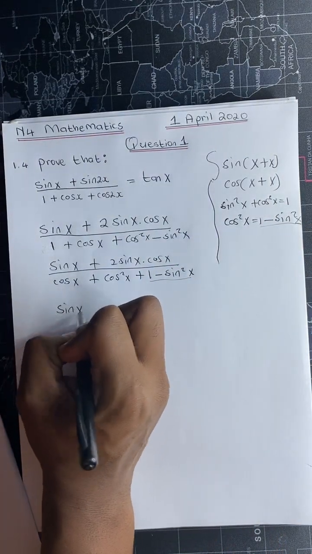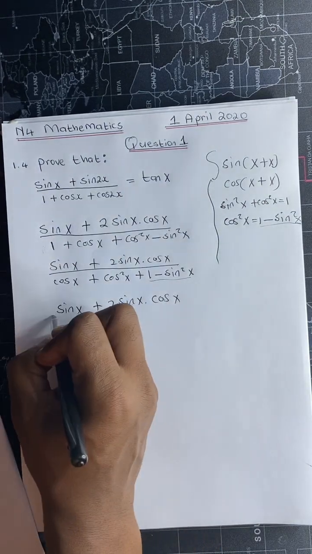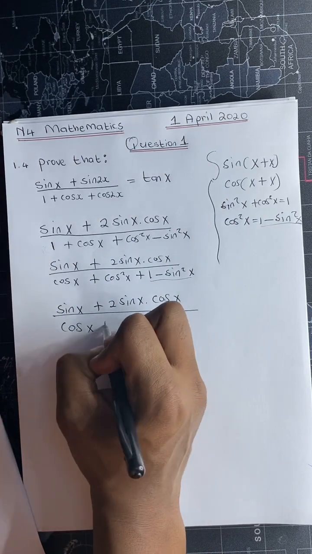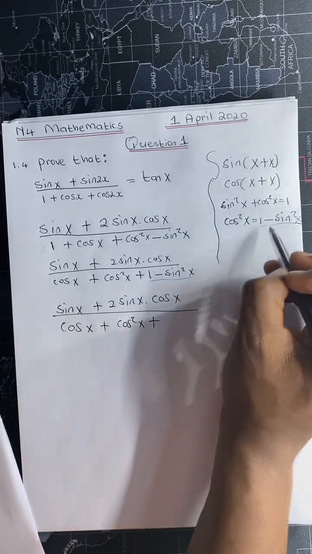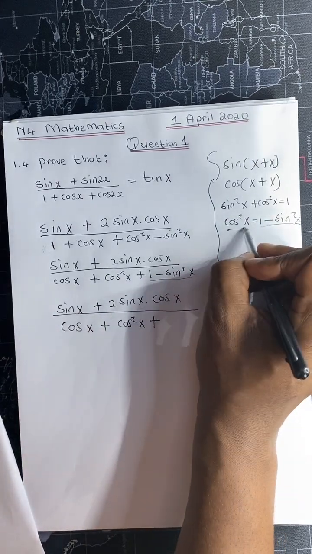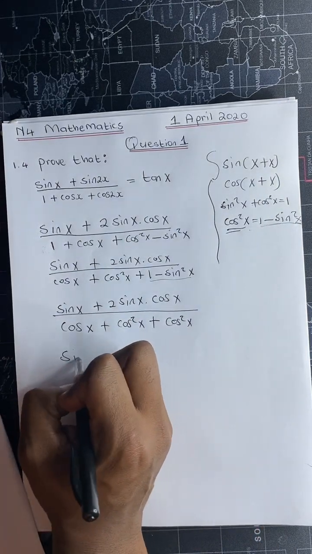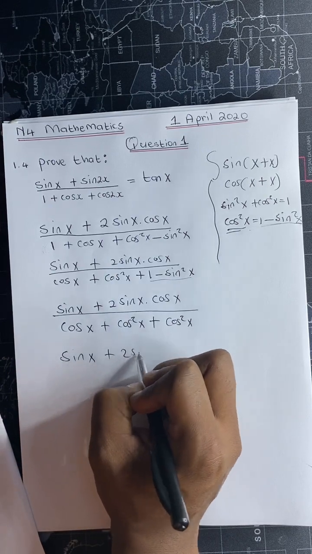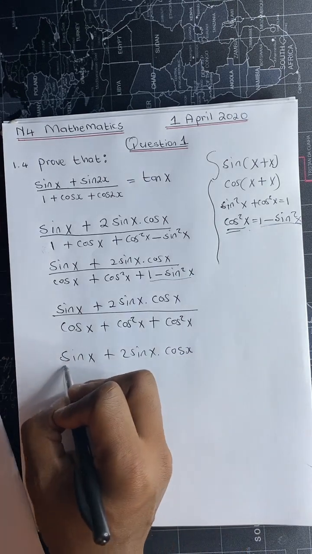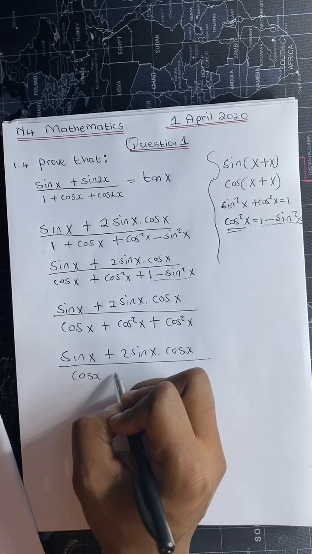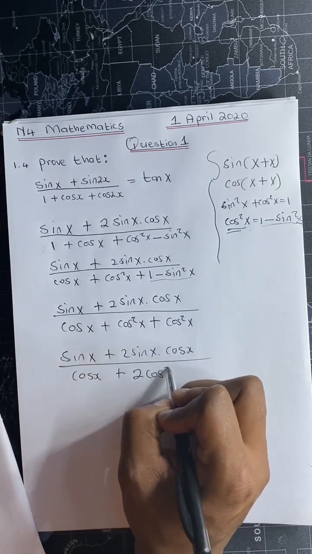Here we'll replace that by that cos squared x. So we have sin x plus 2 sin x multiplied by cos x, all divided by cos x plus cos squared x, and in the place of this 1 minus sin squared x, we'll replace with that cos squared x. So from here we have sin x plus 2 sin x multiplied by cos x. We have cos x plus cos squared x plus cos squared x, which will be 2 cos squared x.